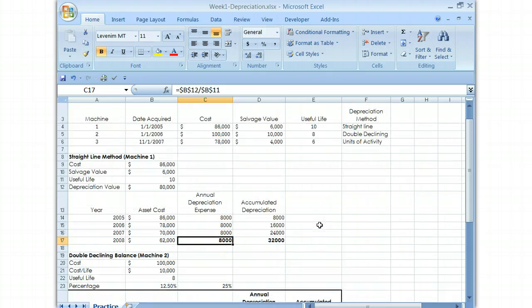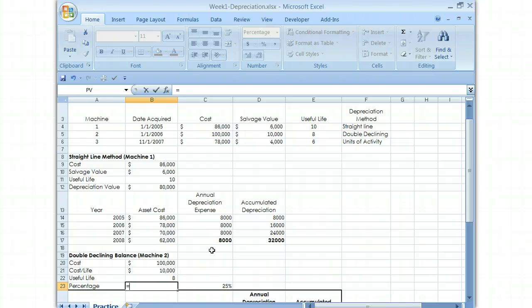Machine number 2 is asking us about double declining balance. Now to find our double declining balance, it is calculating depreciation by calculating a rate of depreciation. So in order to find that, what we want to do is to get the percentage, and to get the percentage we are going to calculate by doing 1 divided by the number of years.